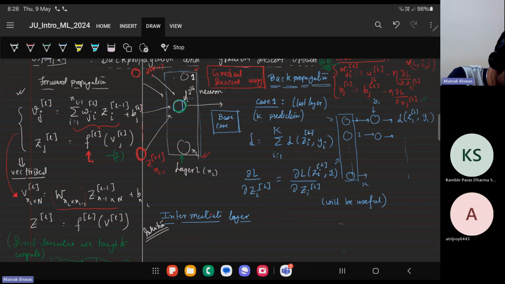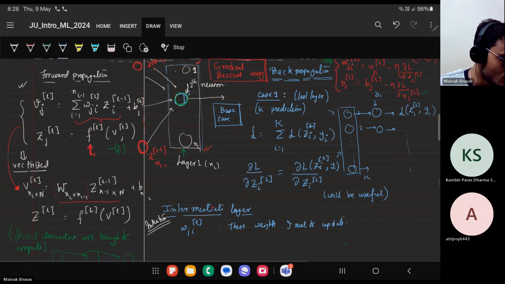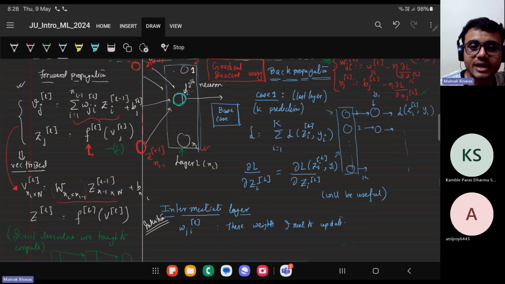So what are the weights in this layer? The weights are W_ji^L, right? These weights I need to update. Do you agree? So how do I update this?